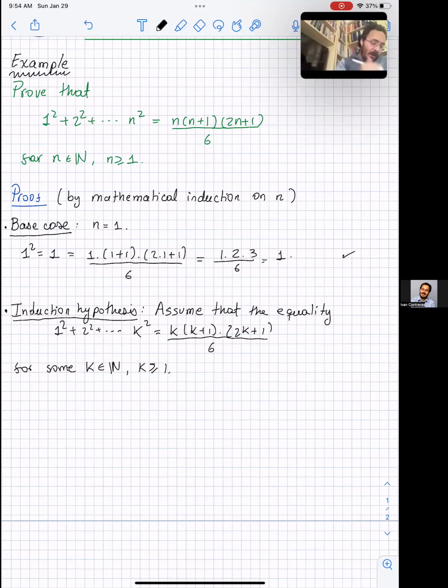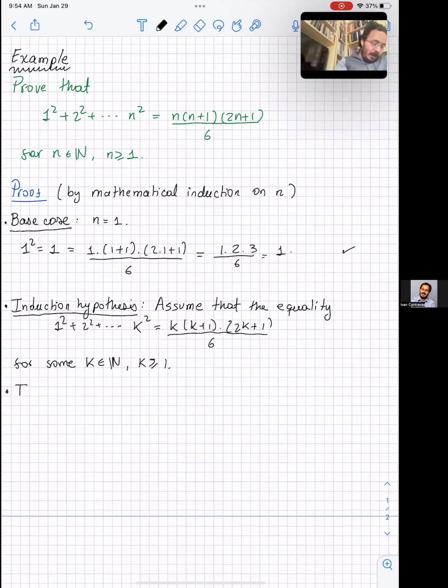Now what I call the inductive step is where we can continue the narrative of our proof. We are assuming that this holds, so I should say: assume that the equality holds for some k natural number greater or equal than 1.